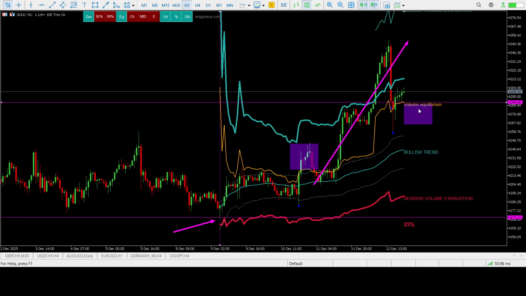For example, you can see that here we got volume over the equilibrium, but this volume here is on equilibrium, so the market is looking for liquidity. If we got volume over the equilibrium, for example here, this will be a bullish sign. If we got volume below the equilibrium, this is a bearish sign.